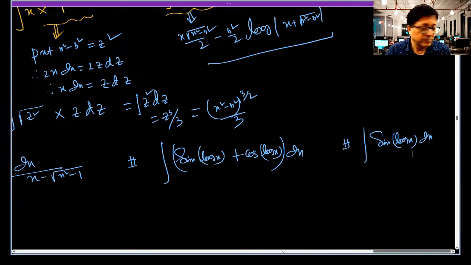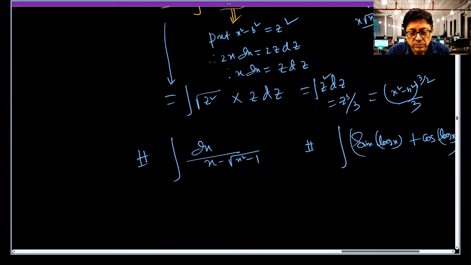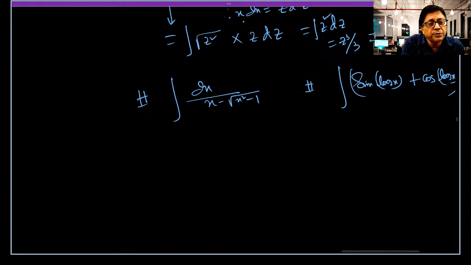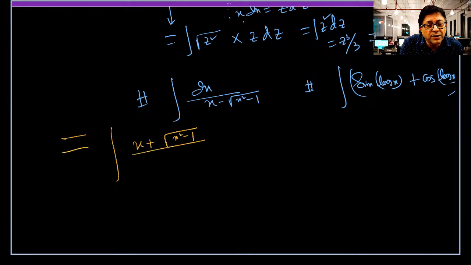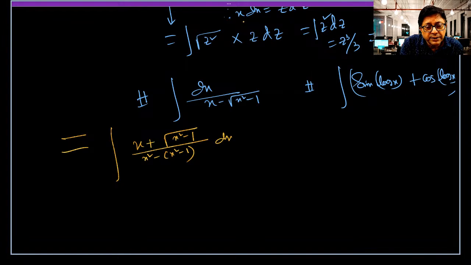How to do? This one how to do? I am showing you. Rationalize x plus root over x square minus 1, isn't it?